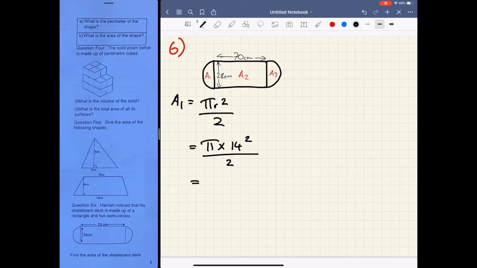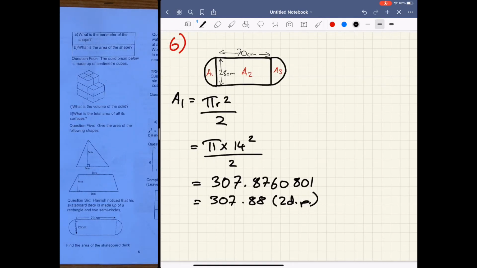So pi times 14 squared divided by 2 equals 307.87600801, which is 307.88 to 2 decimal places. Okay, so we've got area 1 here.